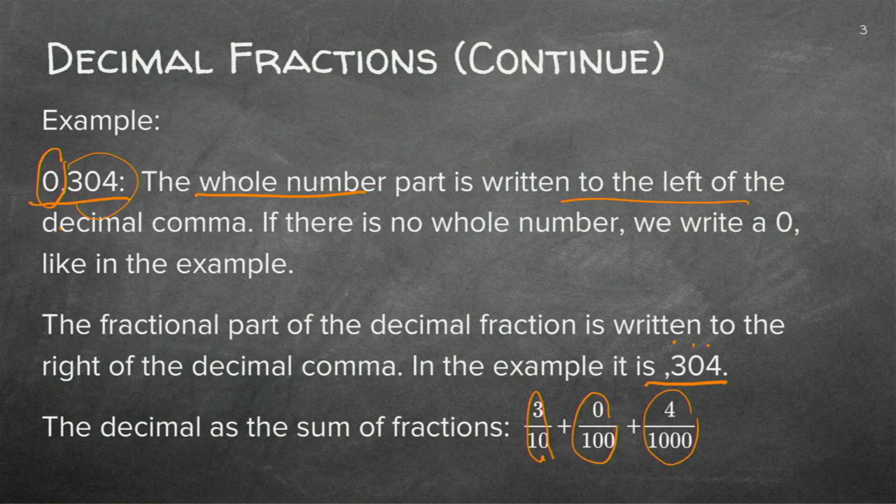Okay, so when you divide a number by a power of 10, you always move the decimal comma, depending on how many zeros, to the left. Let me explain. So if we have 6 over 10, it's going to be 0,6. If we have 6 over 100, it's going to be 0,06.